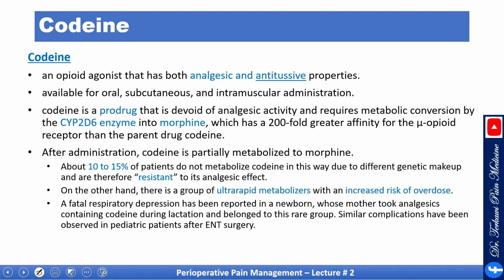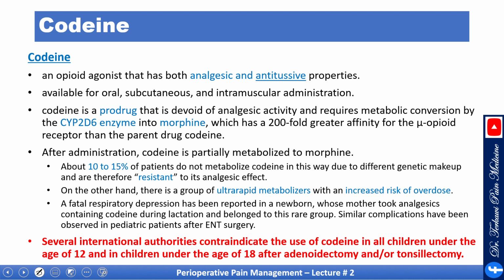A fatal respiratory depression has been reported in a newborn whose mother took analgesics containing codeine during lactation and belonged to this rare group. Similar complications have been observed in pediatric patients after ENT surgery. Thus, it has to be avoided in these two populations.